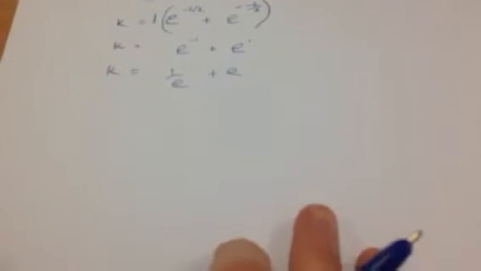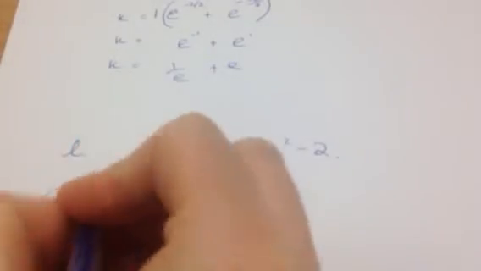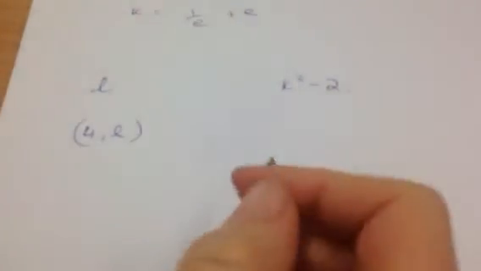And part 4. Okay, so we're going to use your answer in part 3 above to show that L, the value of the y coordinate of Q, is the same as k squared minus 2. Well, I know that Q is a point on the line and it contains L, so (4, L) is on the line. Again, a point on the line, I'm going to sub it in.